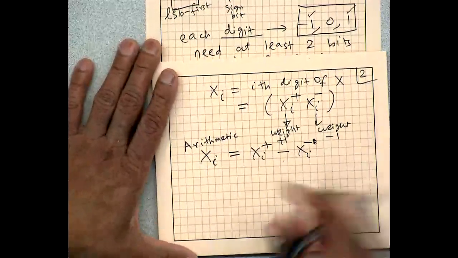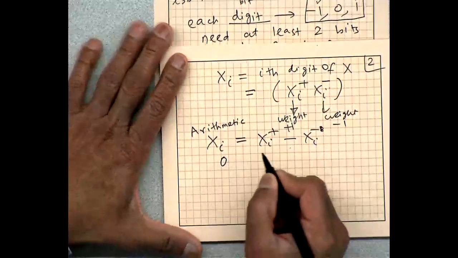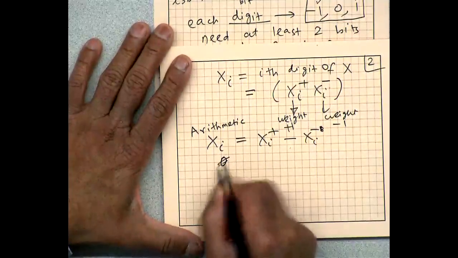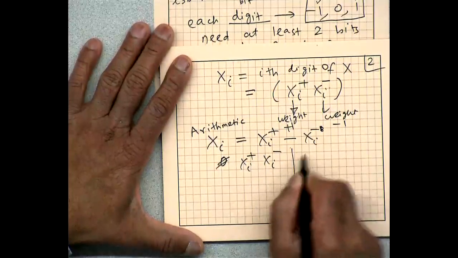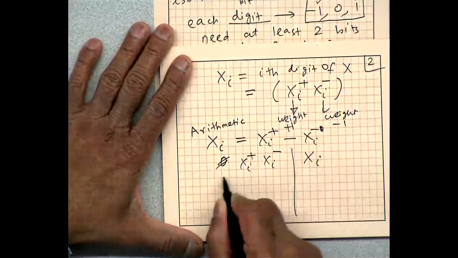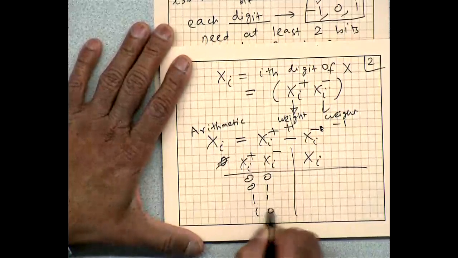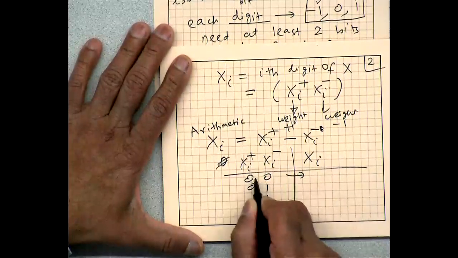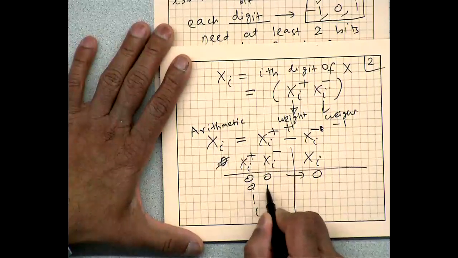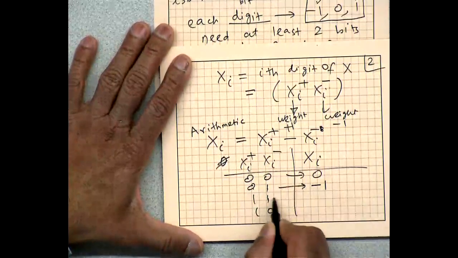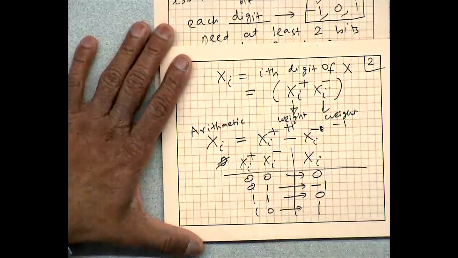So if this is xi plus, this is xi minus, and then this is xi: if this is 0, 0, 0, 1, 1, 1, 1, 0, then 0 minus 0, the arithmetic value is 0. 0 minus 1 will be minus 1. 1 minus 1 will be 0. 1 minus 0 will be 1.